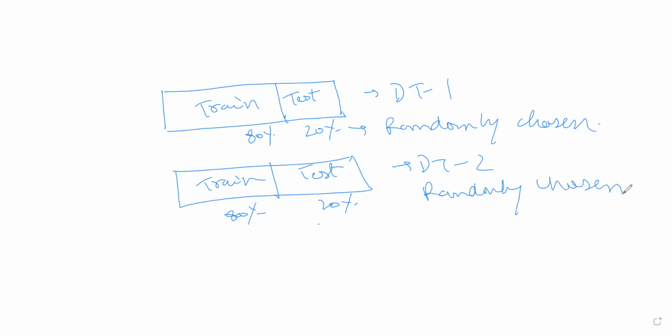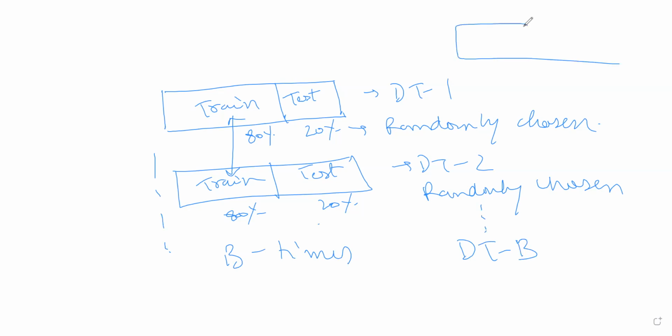What is the impact of this? This means that this train data is not similar to this train data, because some of them will be similar, some of them will not be, and you keep on doing this B times and keep on fitting B decision trees. Do you get this point?